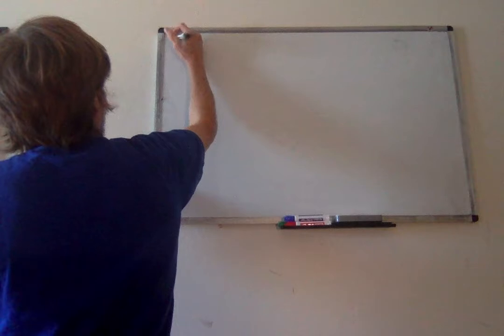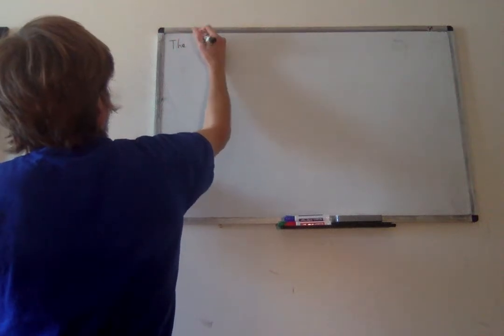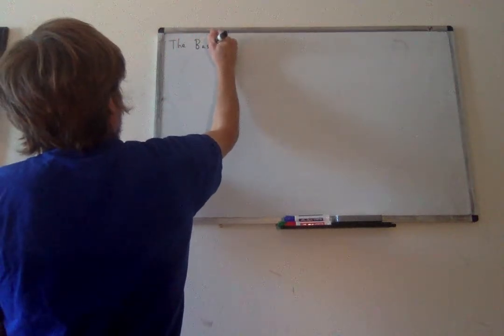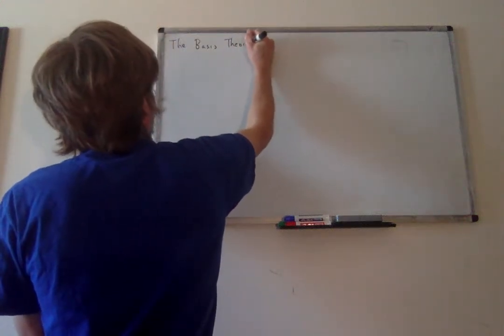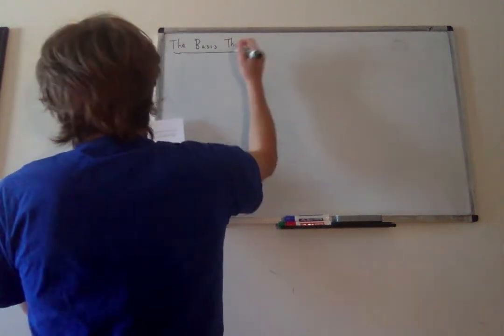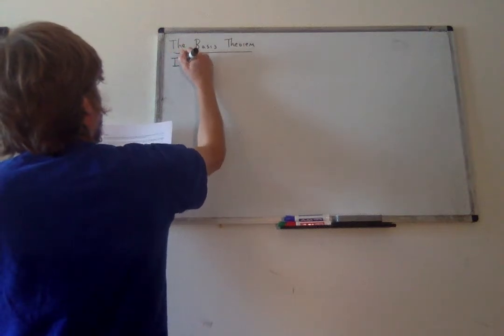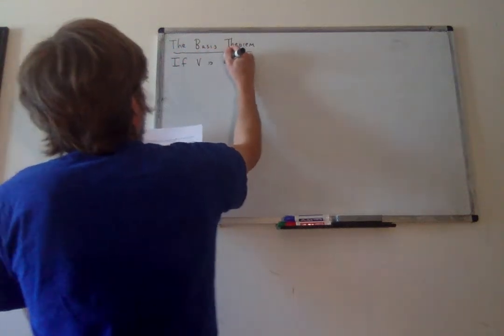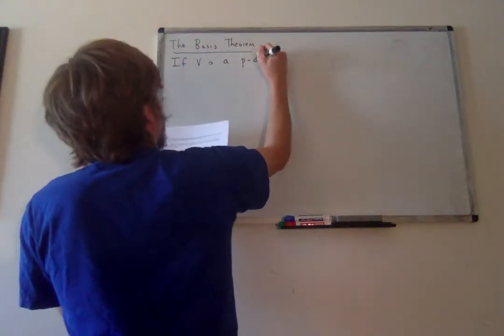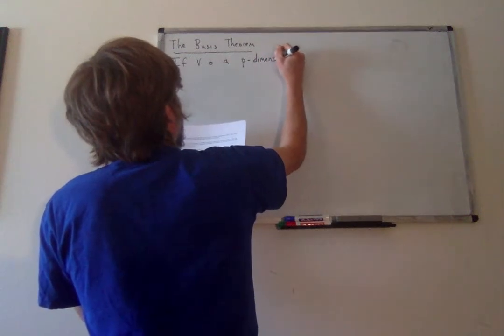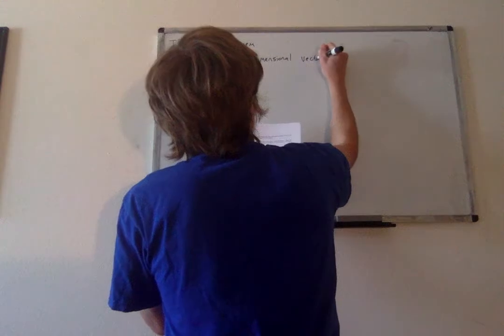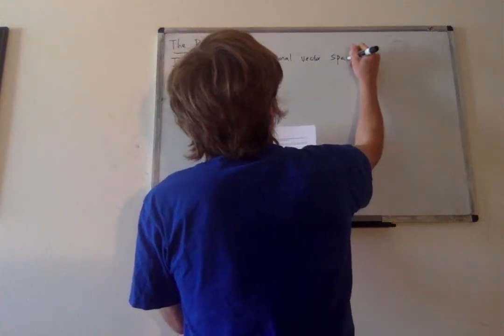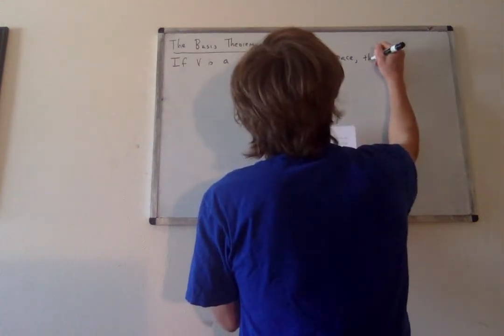And what this tells me is that finding a basis in a vector space V might be easier than we had originally thought, because if V is a p-dimensional vector space, how do I find a basis for V?